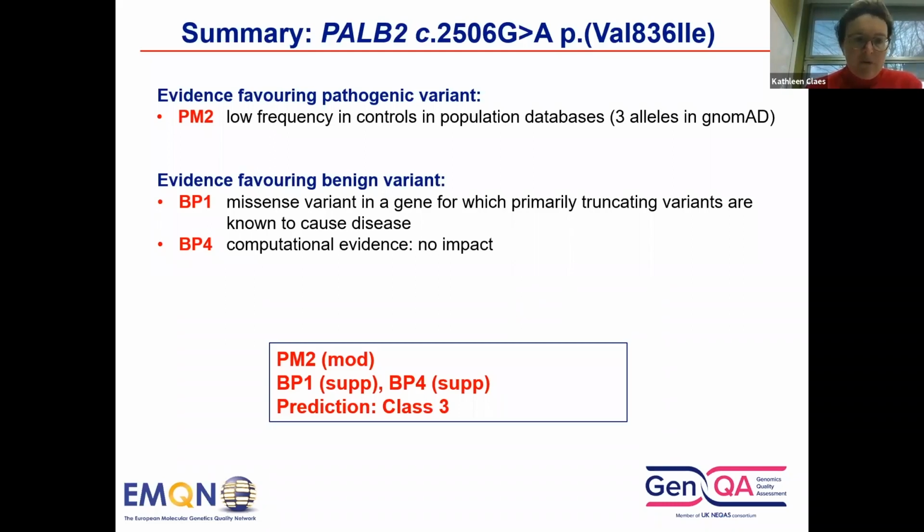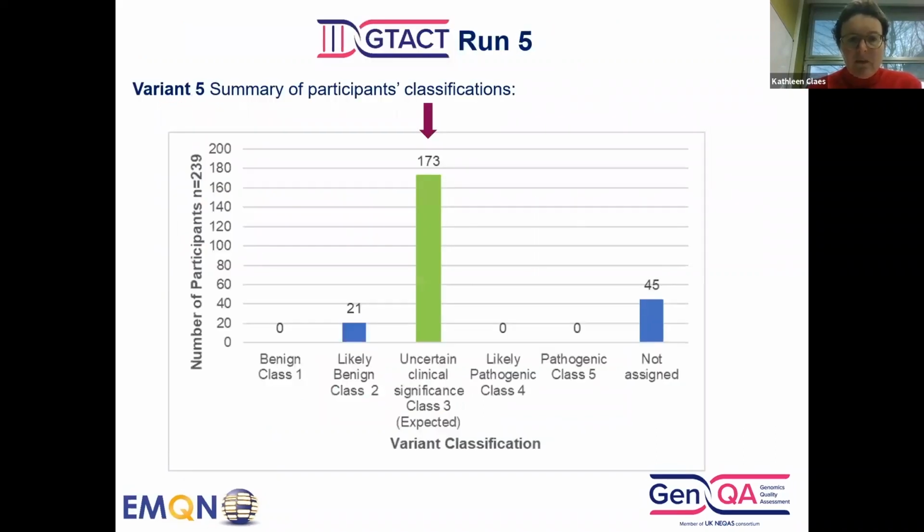So because of these different parameters, I would classify it as a class 3. I was happy to see that many of the participants agreed with class 3. Many of you also classified it as a class 3 variant and some as a likely benign variant. Next, please.